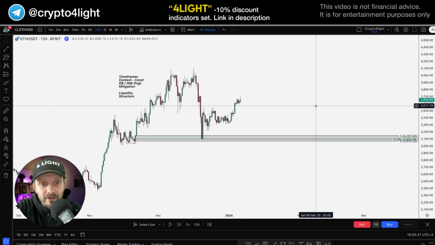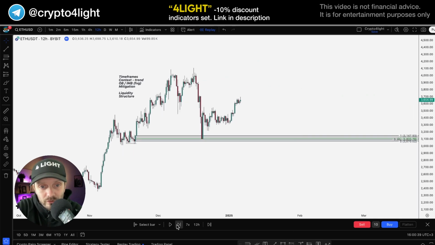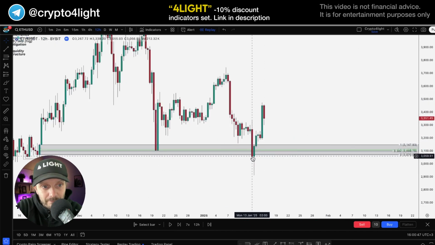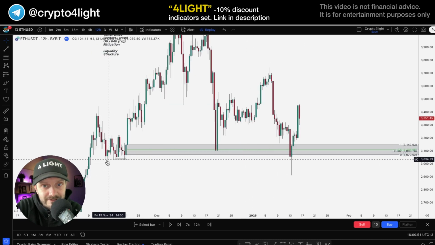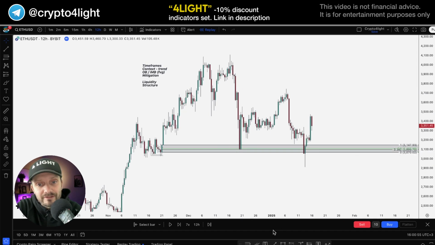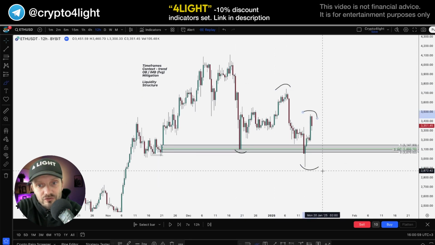And of course we work in a context, and this is what I would like to explain to you later. We come back again to the order block. Here we stop at the order block, grab all this liquidity and bounce. But we change the trend. In this case, we change the structure.